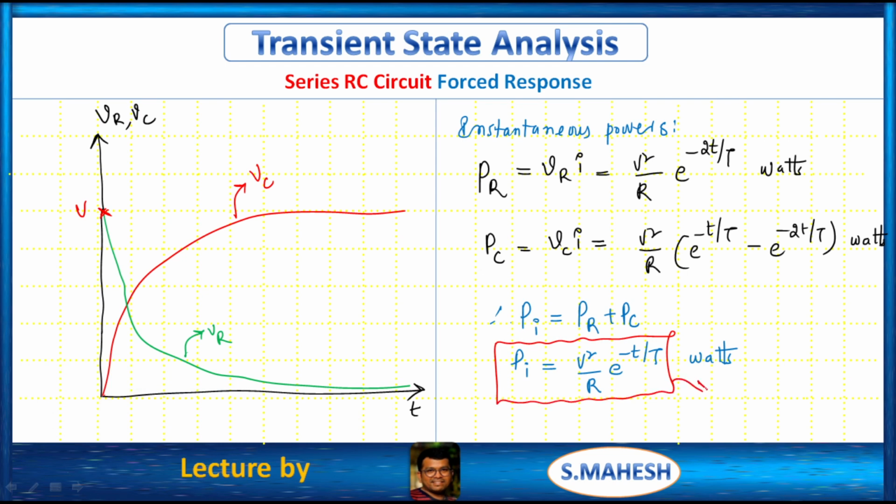This is decaying, right? If it is e power minus t by tau, it is simply a decaying function. If it is 1 minus e power minus t by tau, that is an exponentially rising function. That's all for the series RC circuit forced response.